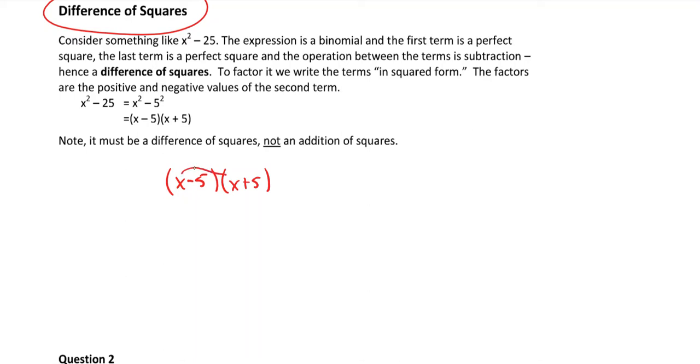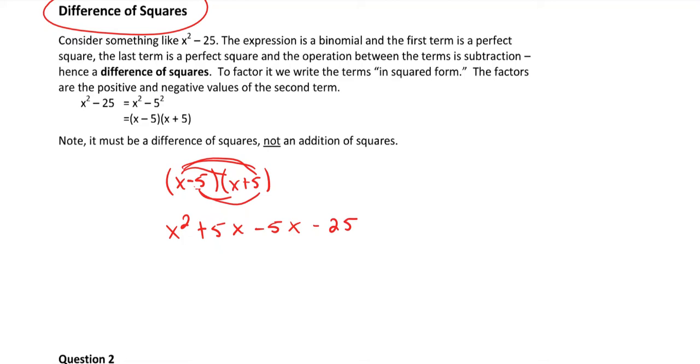So it'd be x times x, x times 5, negative 5 times x, and then negative 5 times 5, right? Just multiplying that in. X times x would be x squared. X times 5 was 5x, so plus 5x. Negative 5 times x is negative 5x. And then negative 5 times negative 5 is negative 25.